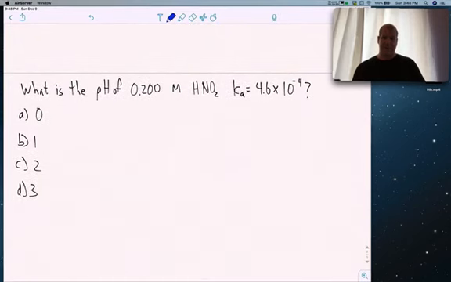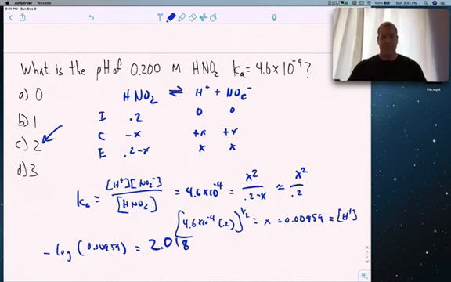So let's see if you can solve this one out. What is the pH of 0.2 molar nitrous acid? There is a Ka there. So why don't you try and do this while I pause it. Okay, hopefully you've worked on this and tried to solve it out. What you start off with is writing this equilibrium expression, HNO2 in equilibrium with H plus and NO2 minus. This is considered chemistry common sense.